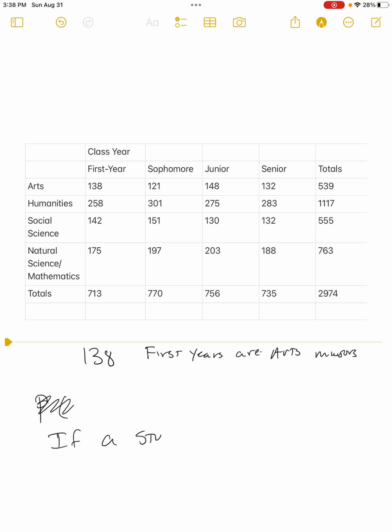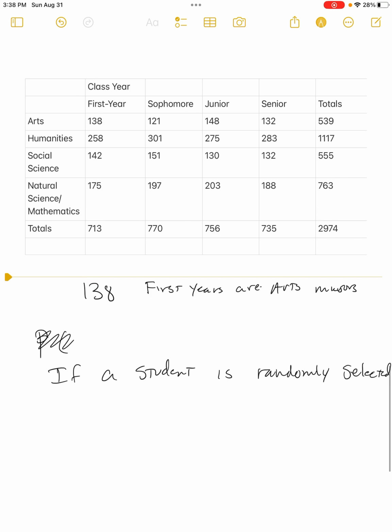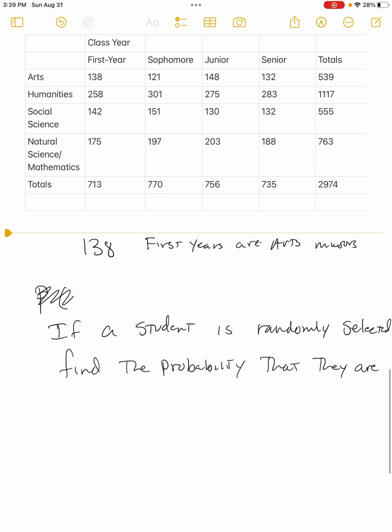If a student is randomly selected, find the probability that they are, and they'll say, either a sophomore or senior. Well, let's go do that.